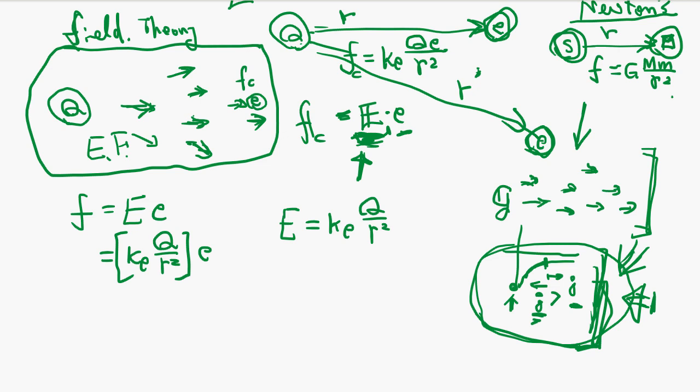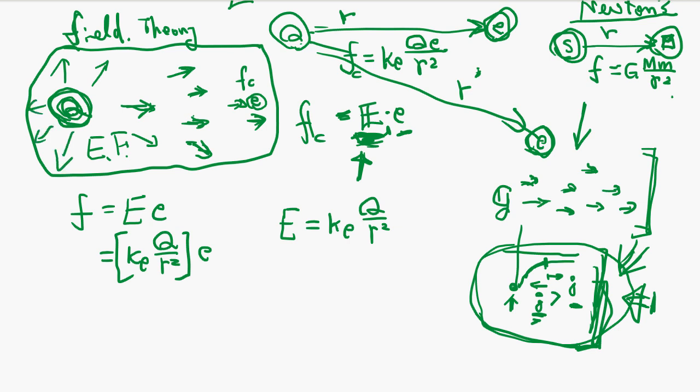So this is the electric vector field. It's in uniform space. We assume the Q is creating this radiating vector field.